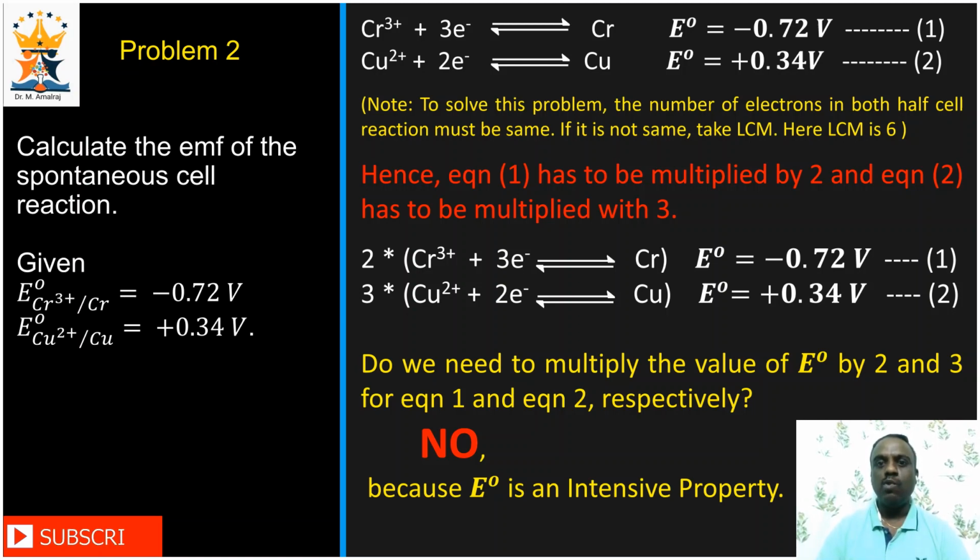This means that voltage does not depend on the numbers, that is the mass. Here for the reduction of copper 2+ to copper, it requires 0.34 volt. That means 0.34 volt is enough to reduce any number of moles of copper 2+ ion. That is the physical meaning here. So try to understand the physical meaning to avoid confusion while solving the problems.